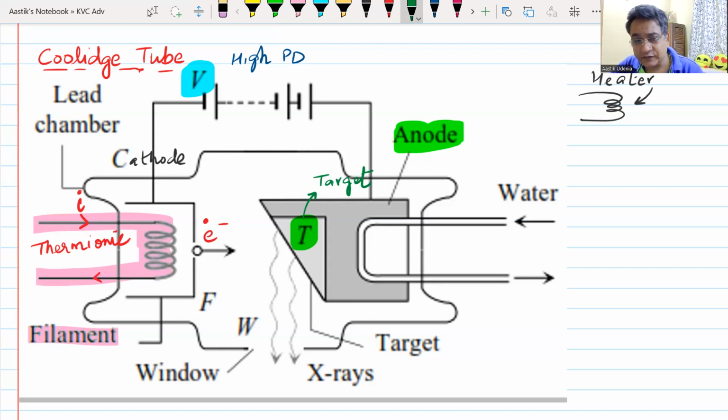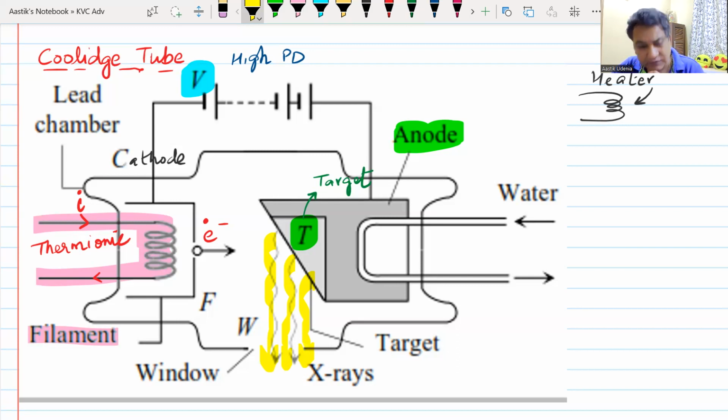When these fast moving electrons strike this target metal, we see the zigzag lines. Do you see them? Yes, sir. Those are X-rays. If you look at this entire arrangement, you may think of it as the reverse process of something.